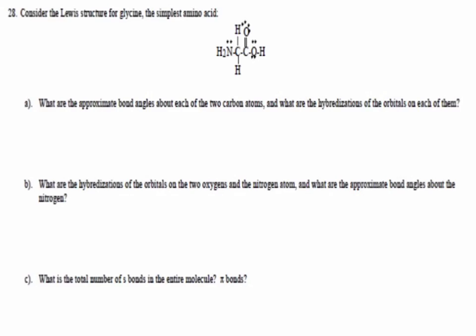So first of all, let's talk about the bond angles on each of the 2 carbon atoms. So for this carbon atom, how many areas do we have around it? 4. So what's its hybridization? sp3. And what are the bond angles? 109.5.